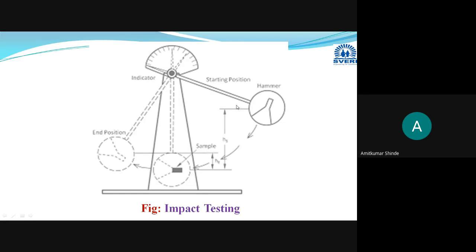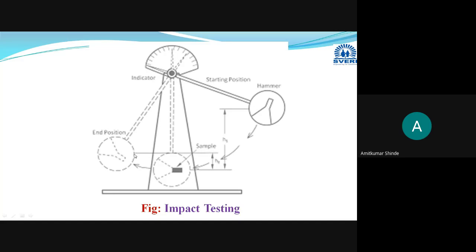Initially the hammer will be at a particular position, marked as the starting position, and we check the height of that pendulum or hammer. Then we release it, and a sudden impact will be created on that specimen, and it will get fractured. Then we take the swing position, or the end position of that hammer.